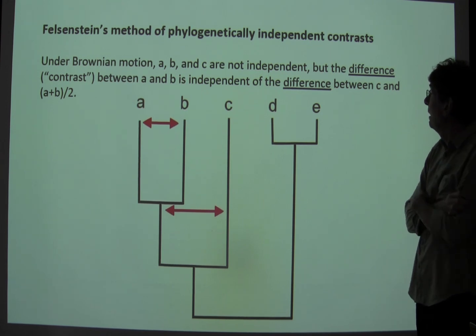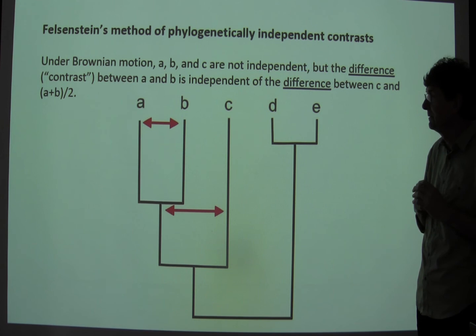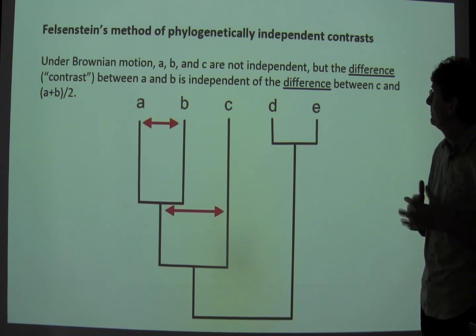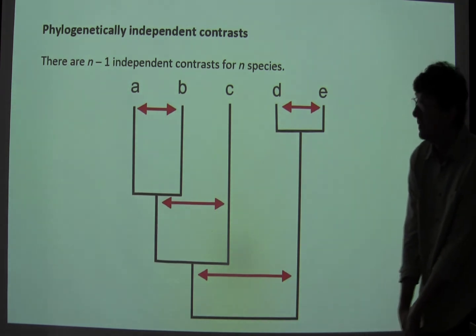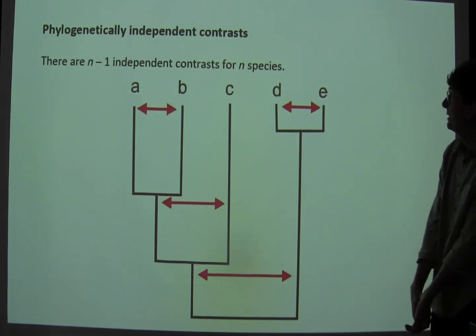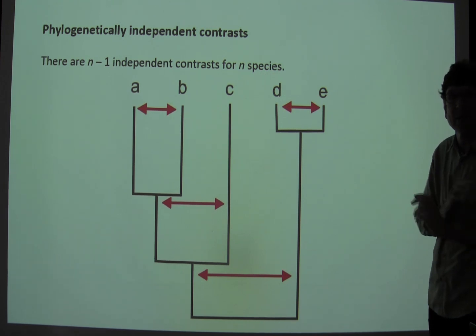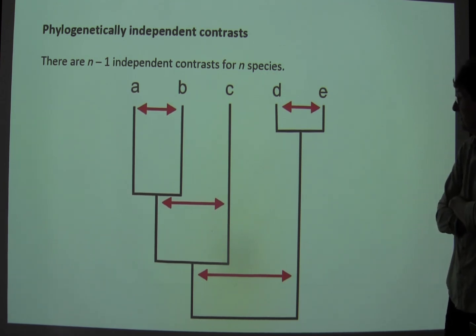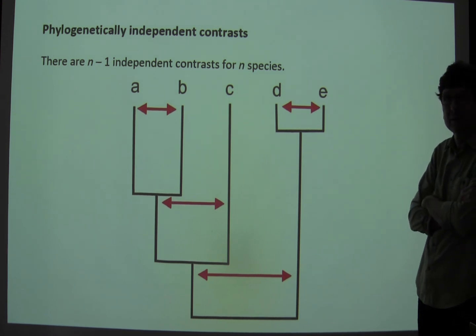And they are since known as phylogenetically independent contrasts. And so from a phylogenetic tree of n species, we have n-1 independent contrasts that we can still use to calculate a correlation between any two of their traits.